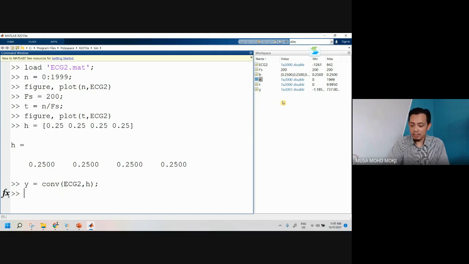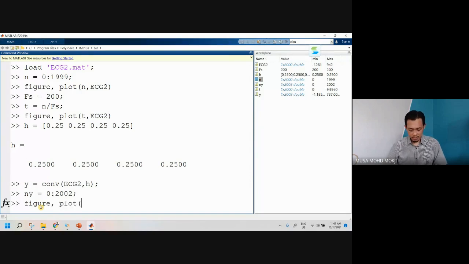So let's see what is Y. The number of samples is 2003, a little bit longer compared to the input, because this is the result of convolution. Let's say this is our n for Y, because I already use n here, so I'm going to use ny. It starts from 0 up to 2002, because our sample count is 2003. Then we can plot that.